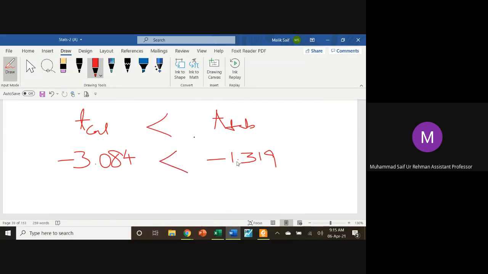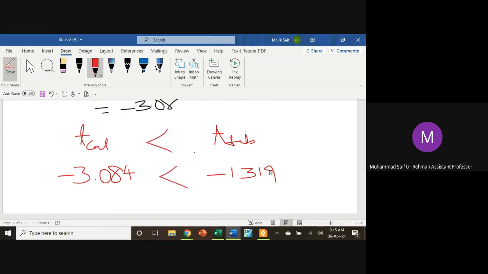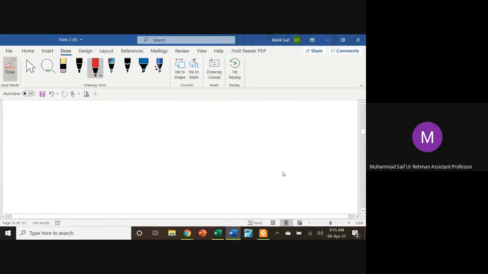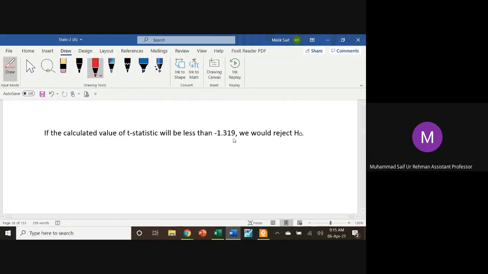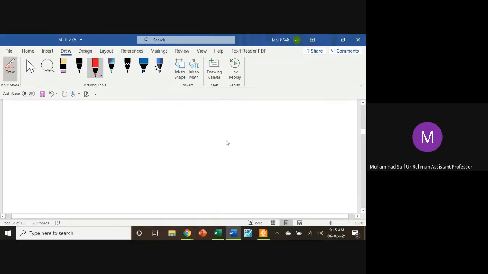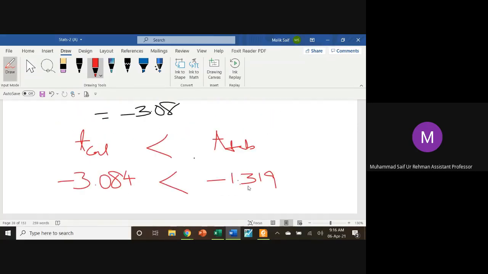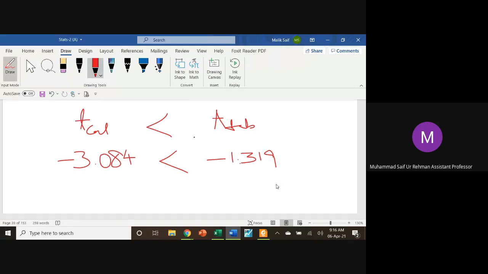It means this is the situation. We have said that if the calculated value of t statistic is less than minus this value, we would reject H naught. So we have already given the decision rule. You can see over here, the calculated value is less than the tabulated value. It means now you can say that we would reject H naught.